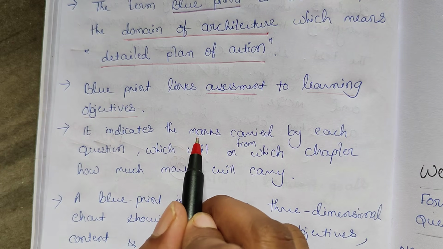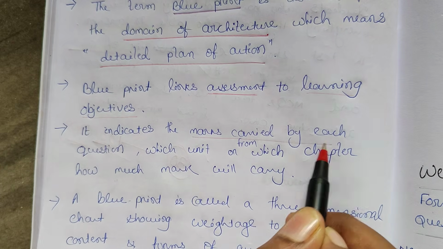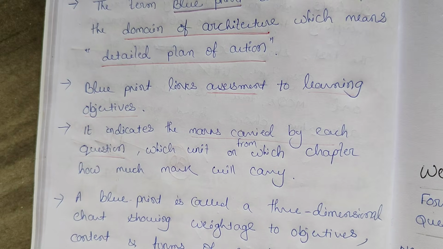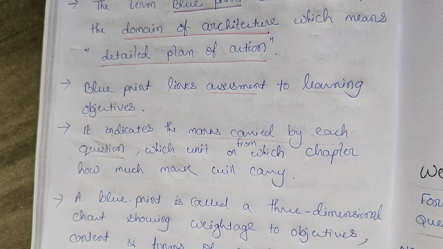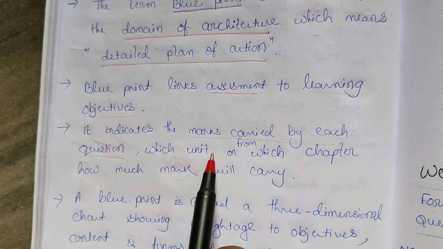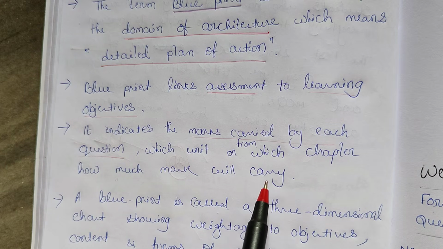It also indicates the marks contained by each question, each unit, from which chapter how much mark will come. See, you are holding an exam, half yearly exam or annual exam or quarterly exam. So what you are doing, first the teachers are making a blueprint, right? Before the exam they are making a blueprint. Means what is the blueprint?